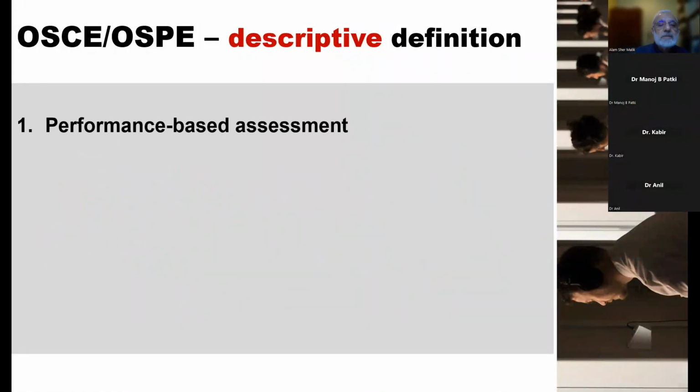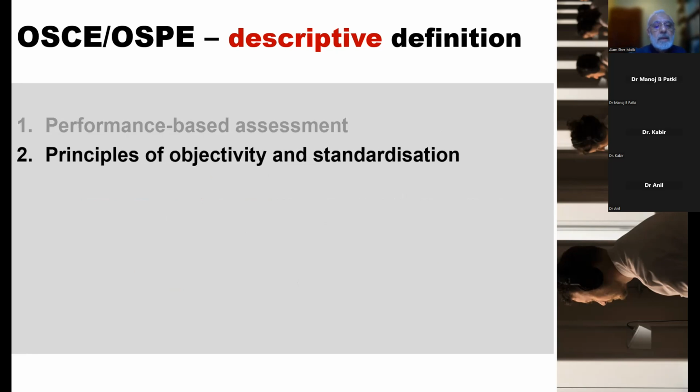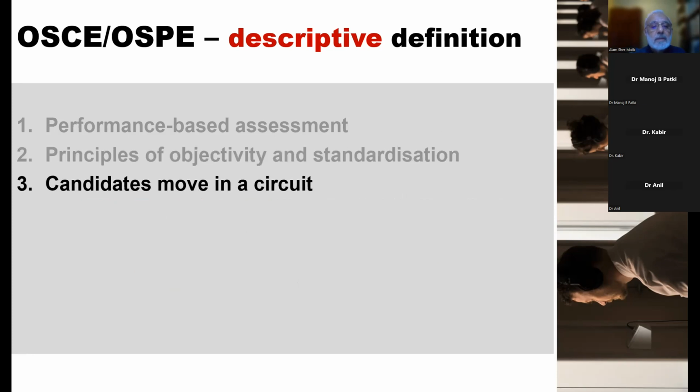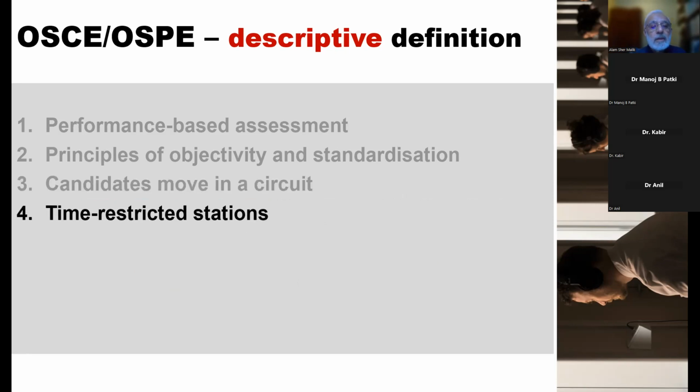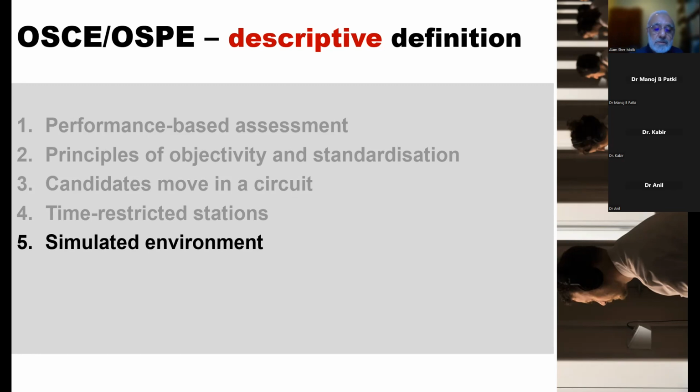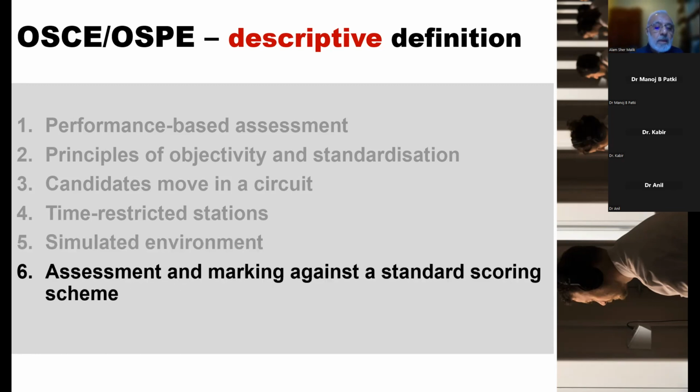First, it is a performance-based assessment. Second, it follows the principles of objectivity and standardization. Third, the candidates move in a circuit from one station to another. Fourth, each station is time restricted. In fact, each station is of the same duration, and it is in a simulated environment.